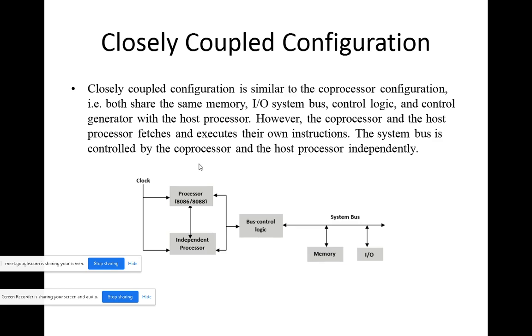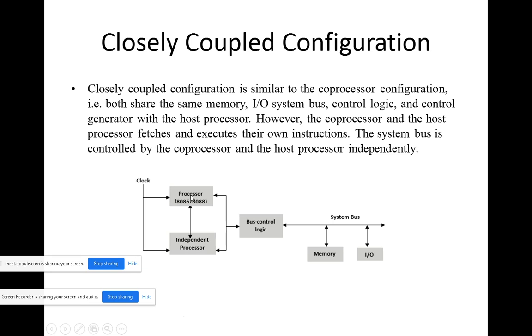Now we go for the next type of configuration, that is closely coupled configuration. Okay. So as the name given, closely coupled means here we are going to use all the peripheral devices, that is bus control logic, memory, input output device, system bus, for all the processors. The same peripheral devices will be used for all the multiprocessors. Okay, here they have given only one independent processor, but you can connect more than one processor.